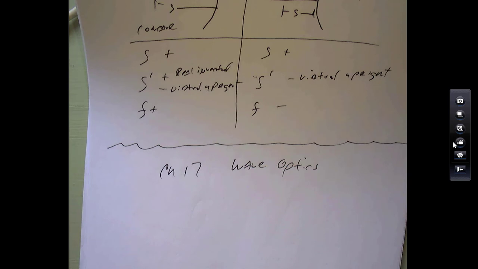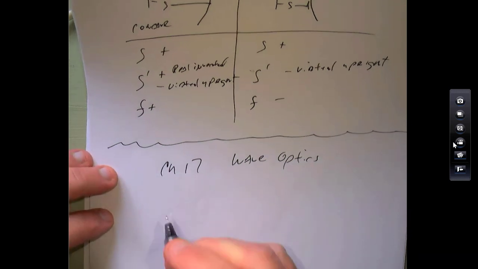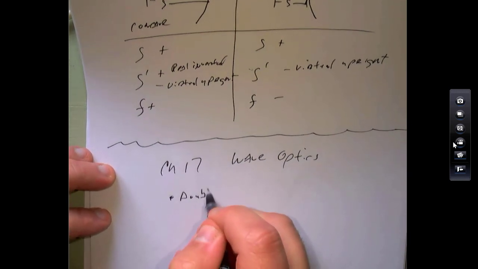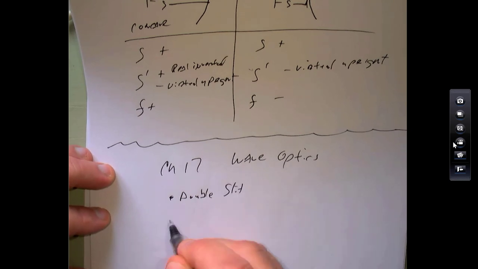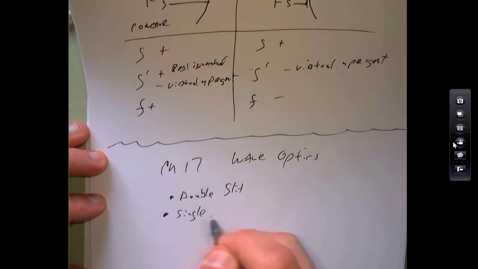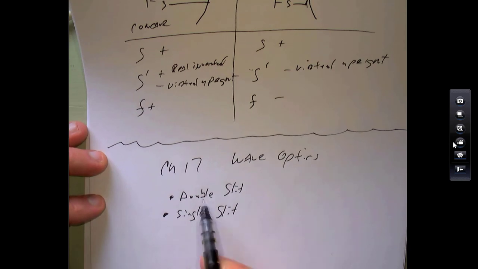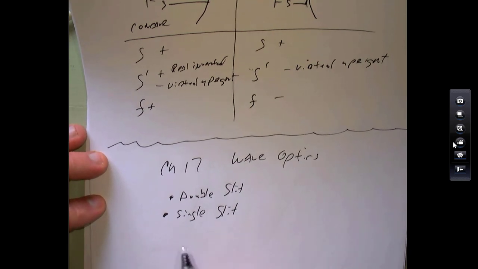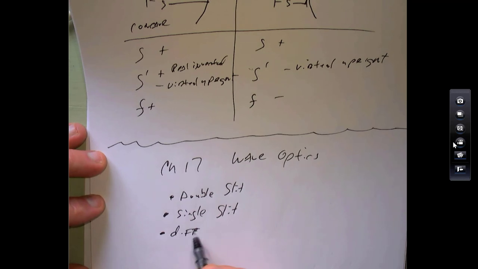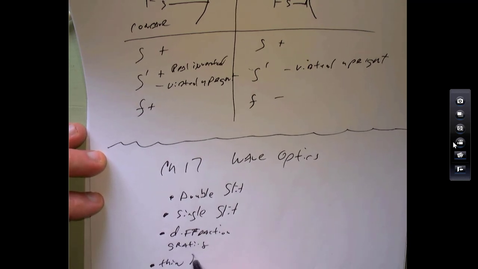We had double slit problems, single slit. So, look back through those. We also had diffraction gratings, which is really just a whole bunch of collection of slits. And then we had thin film interference.